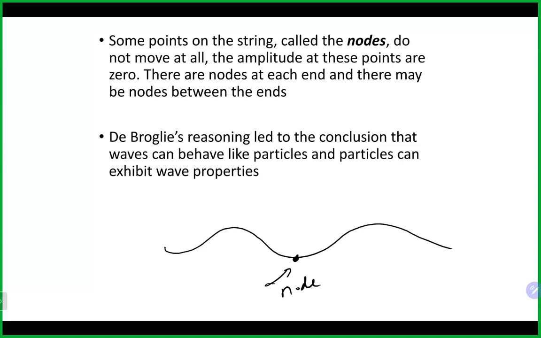In a lot of cases, when we think about how electrons are in the atom and these wave-like characteristics, the node is where we envision the nucleus to be, where the wave has no amplitude.